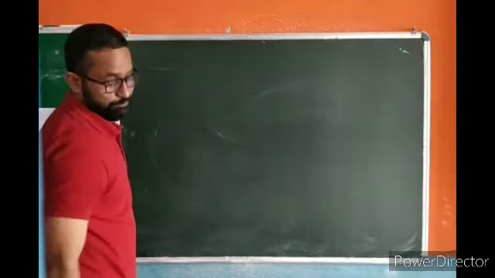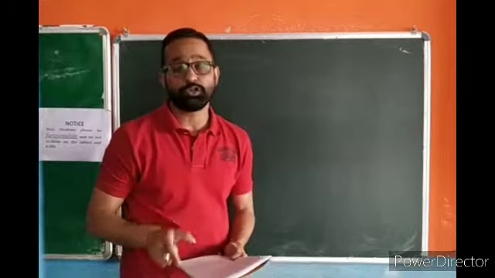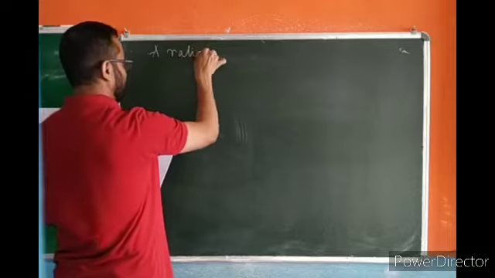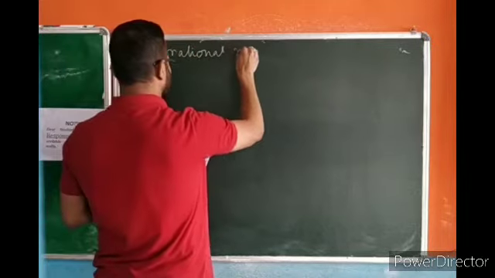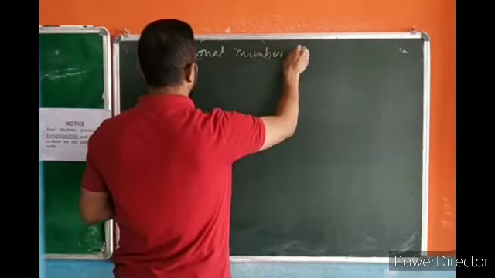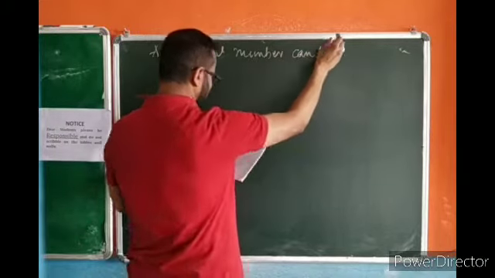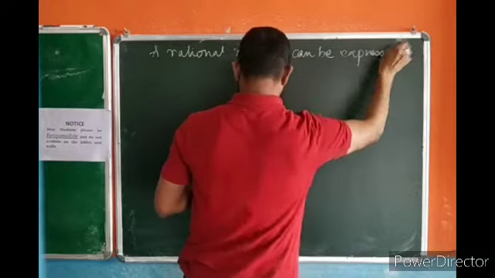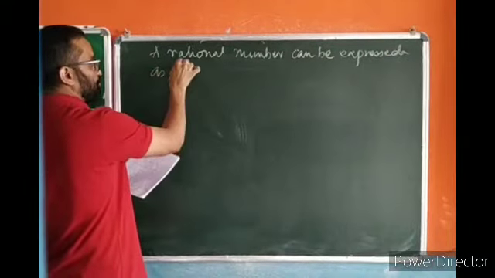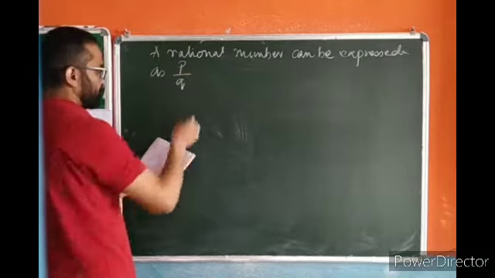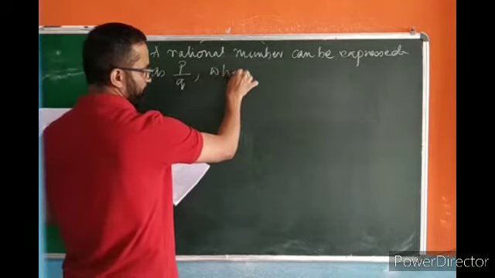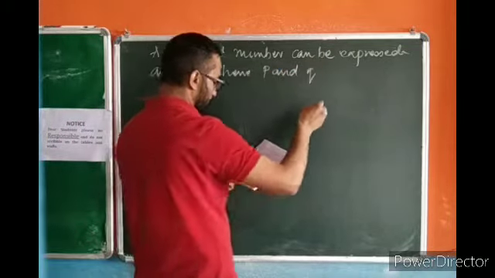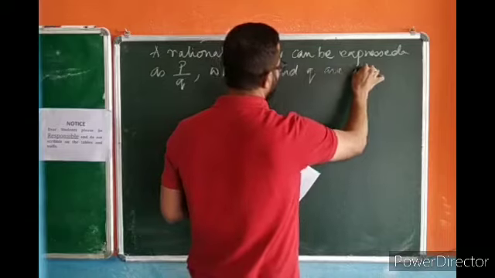Another very important definition: a rational number can be expressed as P divided by Q, where P and Q are integers.